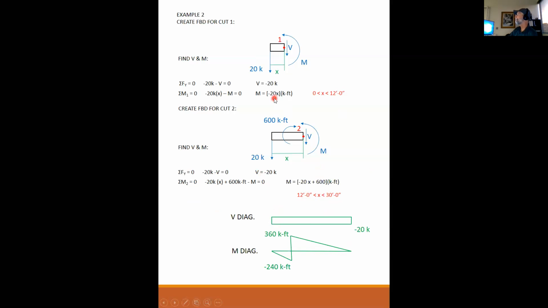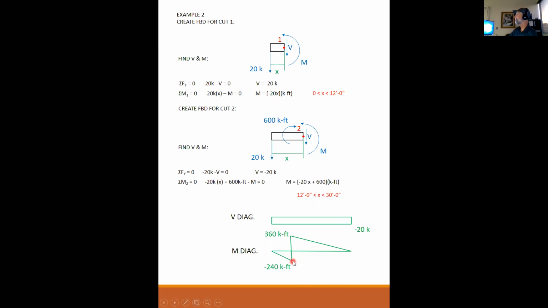The equation for the moment from 0 to 12 is minus 20x. Again, that's a line. So you can plug in 0 and you get 0. You can plug in 12 into minus 20x and you get minus 240 kip feet. So the first part is dictated by this equation here.